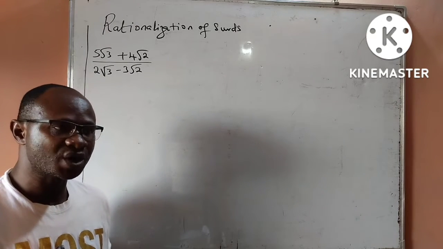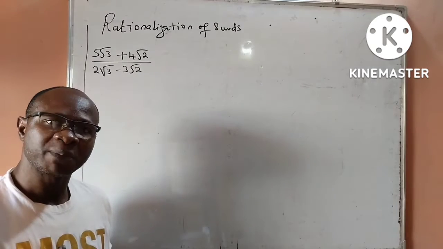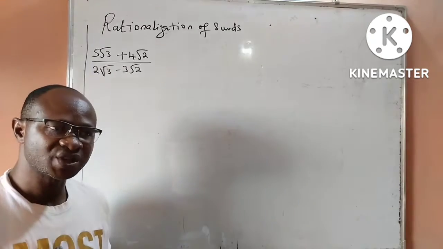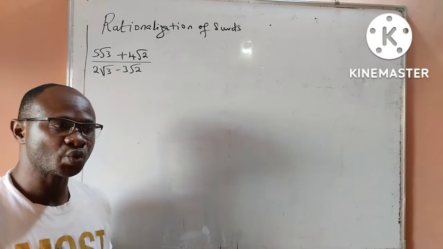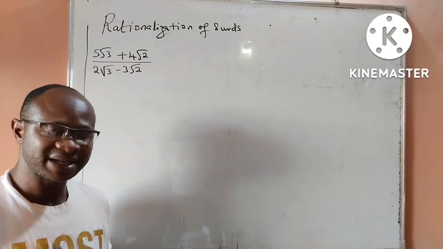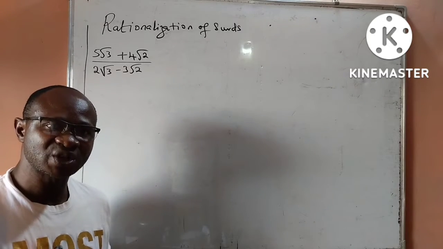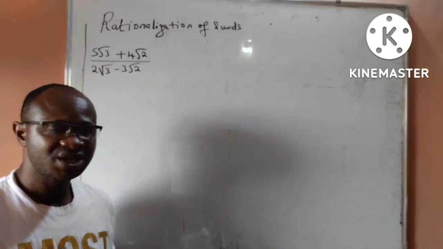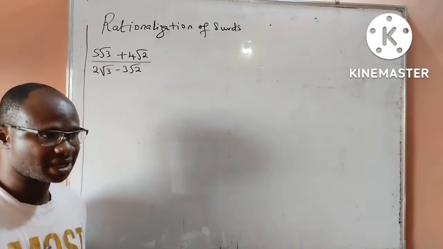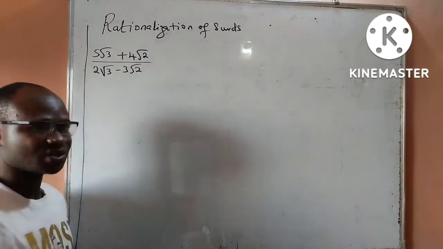In the third lesson, what we did was multiplying surds with their conjugates. And it was a very nice lesson because we observed some things in that third lesson when we multiplied surds by their conjugates. So in this fourth lesson, we want to see how we can rationalize surds.